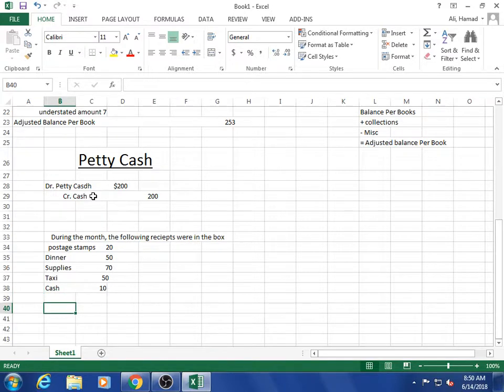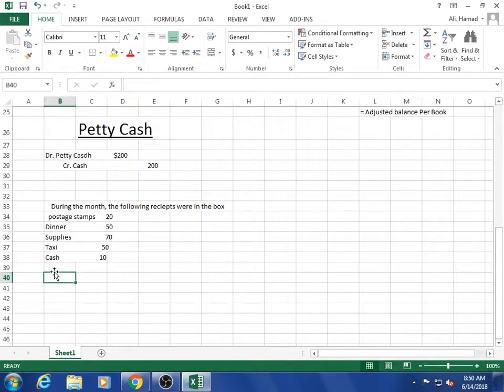So the box is now short. How much has been spent out of it? 190, and we still have $10. Now, in the new month, first of all, we need to have a journal entry. That's when we do the replenishing. When we replenish, we're going to debit all of these expenses.